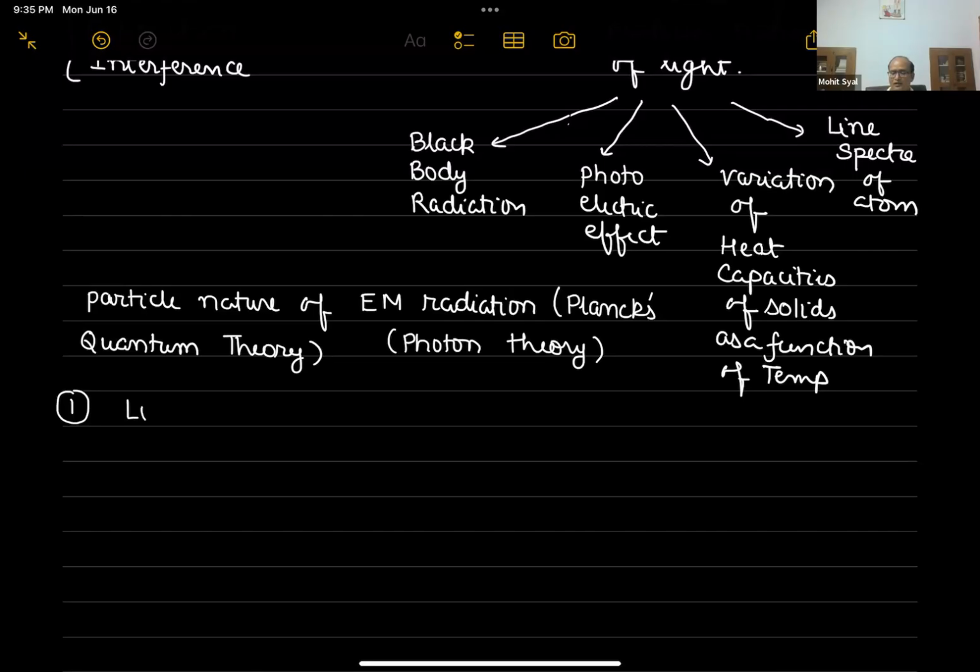Yes, ma'am. Light or radiation, it is one and the same thing. Light is the visible part of the electromagnetic waves, which is visible to us.